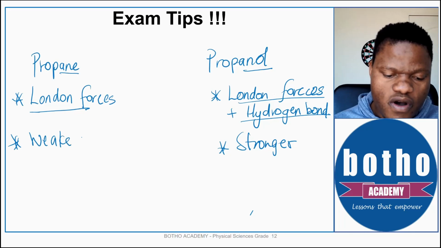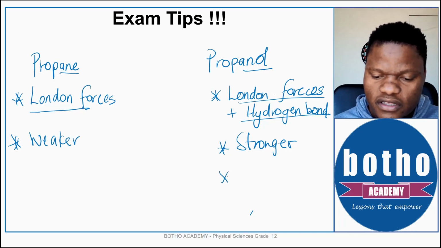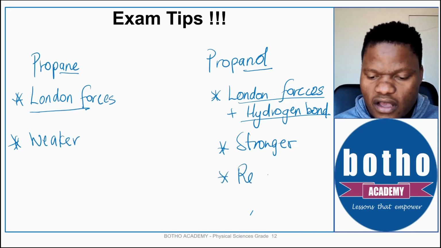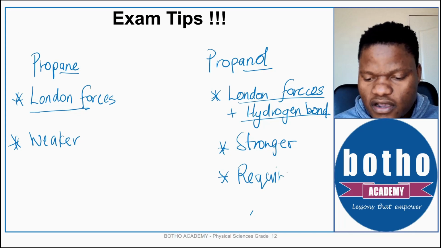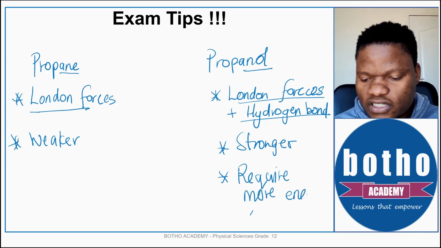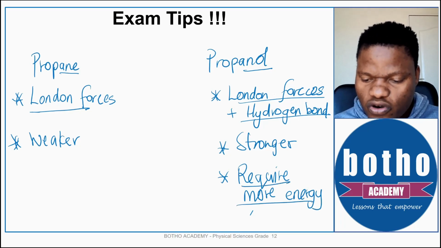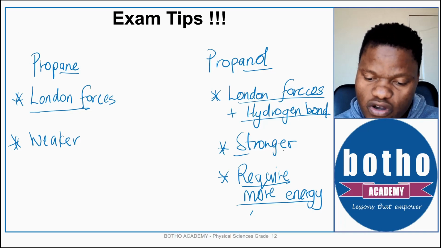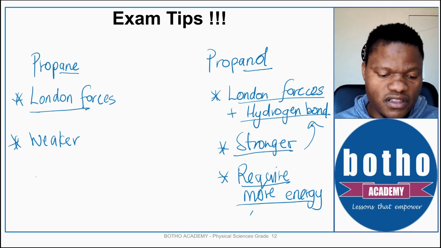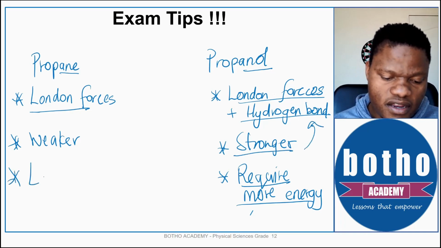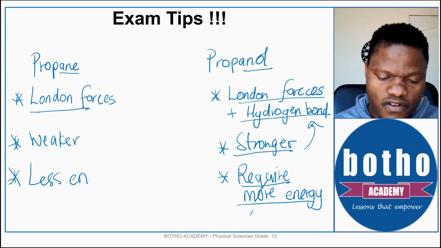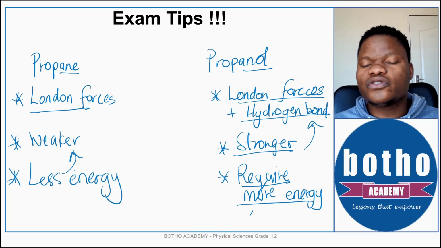The stronger ones, what happens? The stronger ones will require more energy. I'm not going to write all of this down. These ones will require more energy to overcome these strong intermolecular forces, and this one will require less energy to overcome the weaker intermolecular forces.